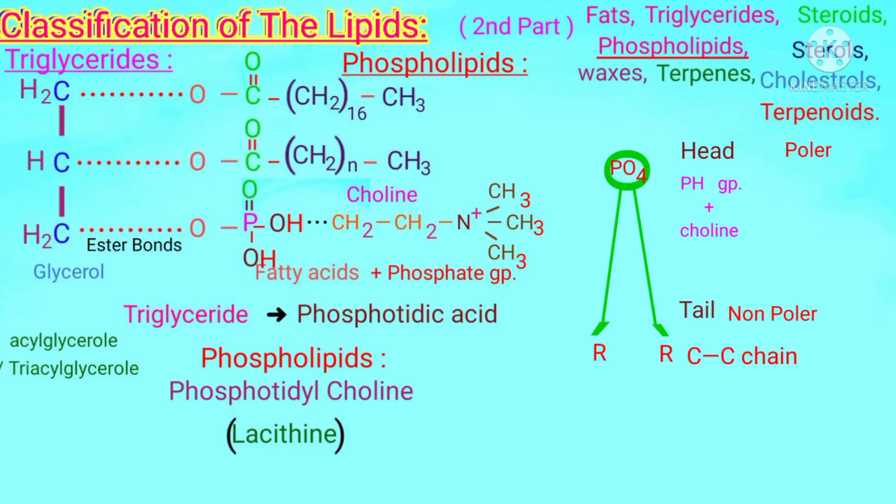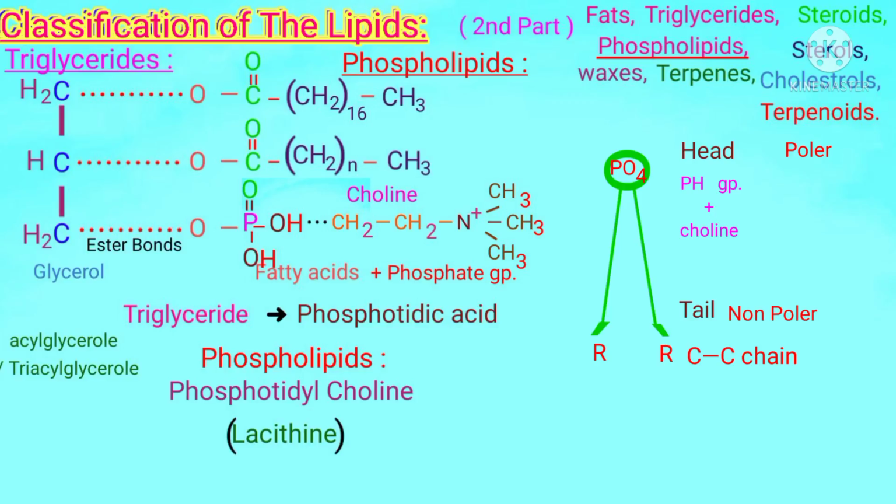A phospholipid can make contact with polar things from one side, and from the other side it can also make contact with non-polar things, because a cell must have contact with polar things as well as non-polar things. This is the reason phospholipids are present in the cell membrane of all cells.